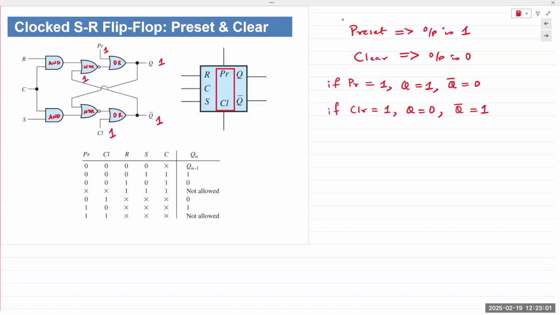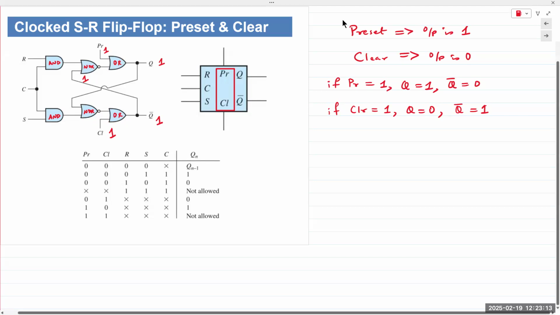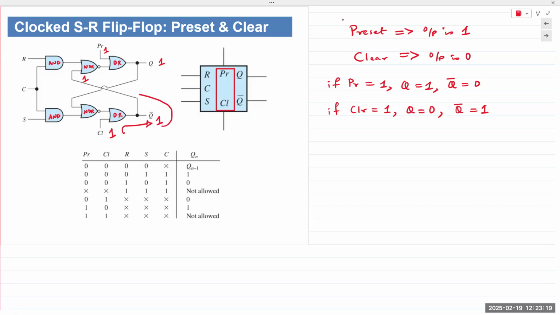So now I'm talking about clear. If clear goes high, right here, then output Q naught is high. Q naught is fed back into this NOR gate. If one input of a NOR gate goes 1 or goes high, what is the output of the NOR gate?